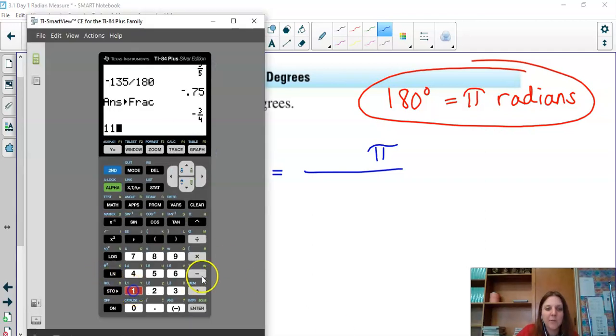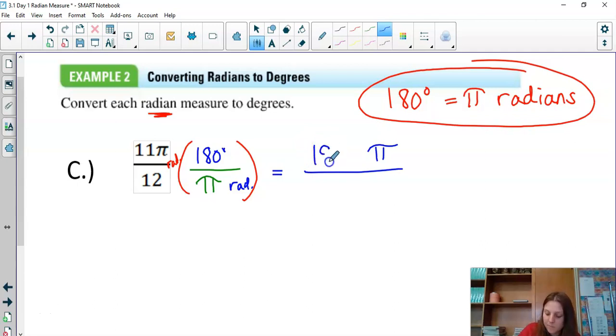So we're doing 11 times 180, and you see that it's 1,980. So again, 11 times 180, and then there's the pi. 12 times pi, 12 pi. This time the radians cross out, and you're going to be left with this degree here.